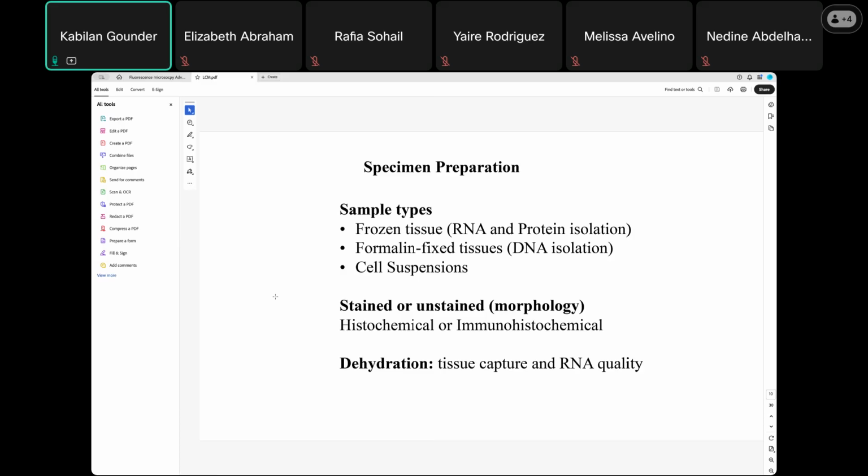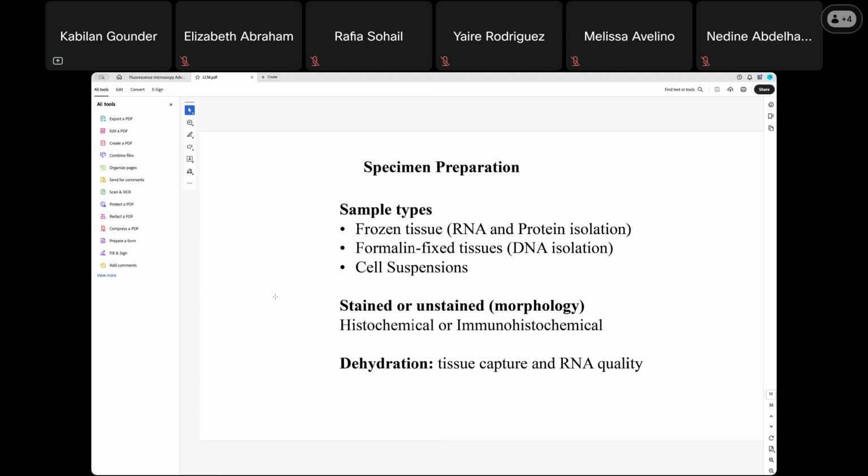Whereas if you want to isolate RNA and protein, the best choice is a frozen tissue section. Next is stained or unstained, which is based on your target. As mentioned earlier, you can stain with hematoxylin and eosin, or immunohistochemical analysis, that is, a fluorescence target.